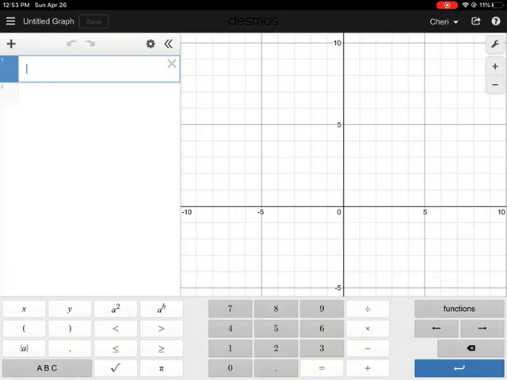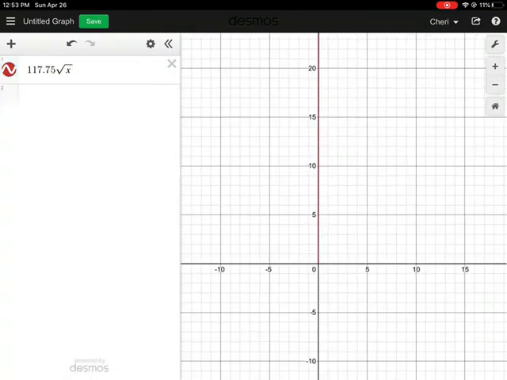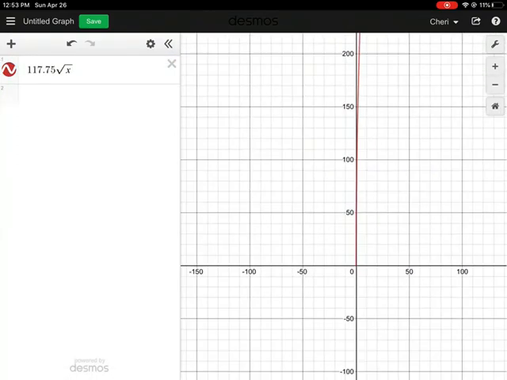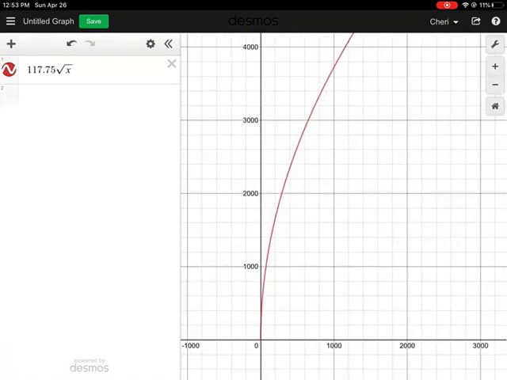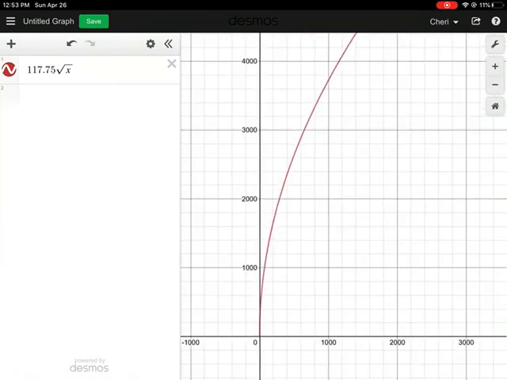So here's Desmos, and we're going to enter 117.75 square root, and then X. If you notice, it starts at 0, and we're going to have to really pinch that to get it to look right. And so there it is.